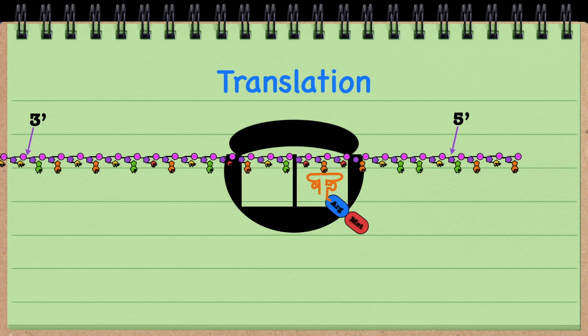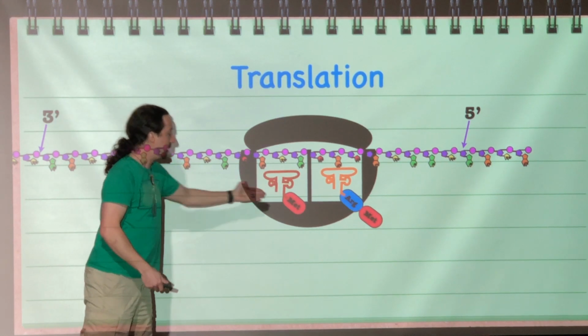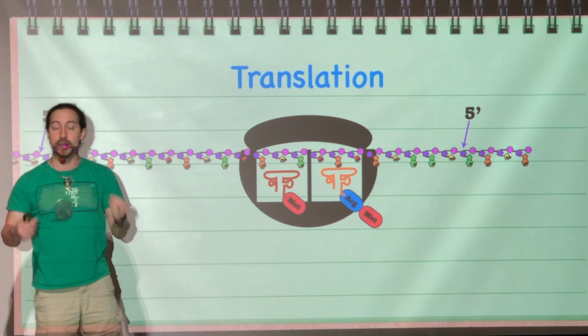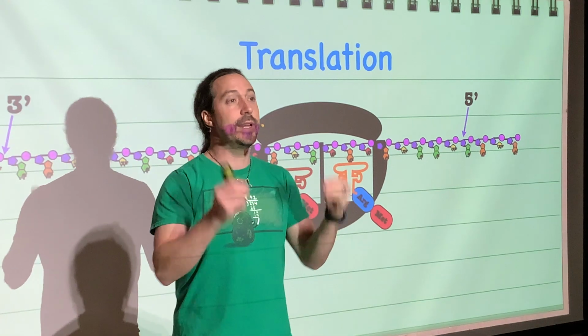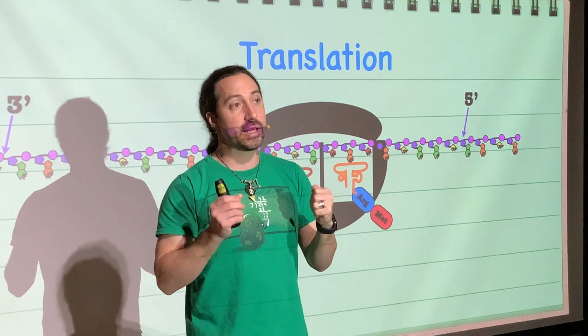Now, our site is open again, and a new tRNA will enter carrying the appropriate amino acid. Again, we have the codon AUG, and so now it brought methionine again, because AUG always codes for methionine. Each unique codon codes for the same amino acid every single time.